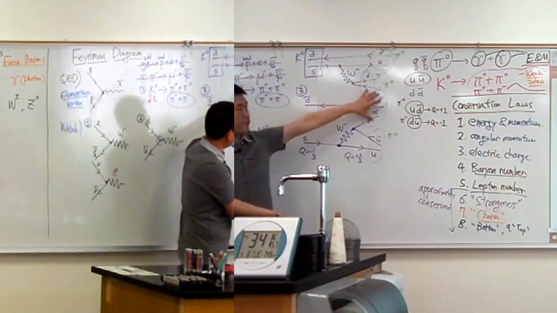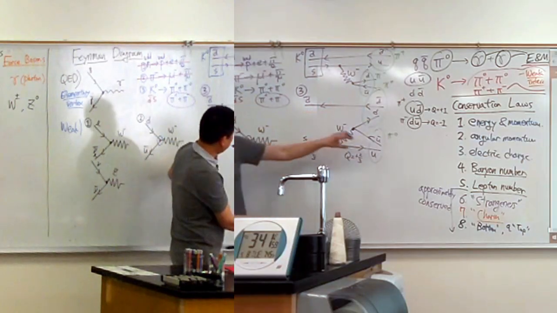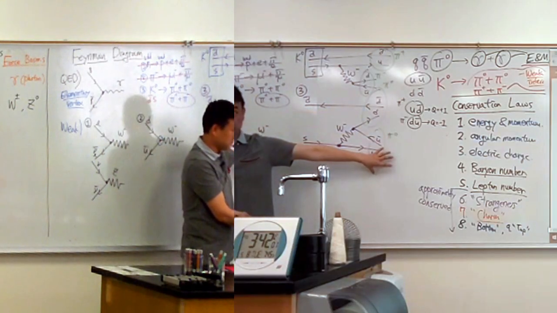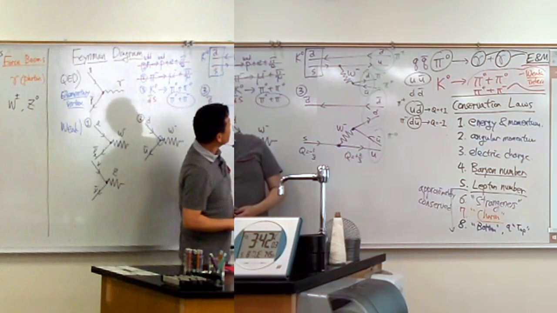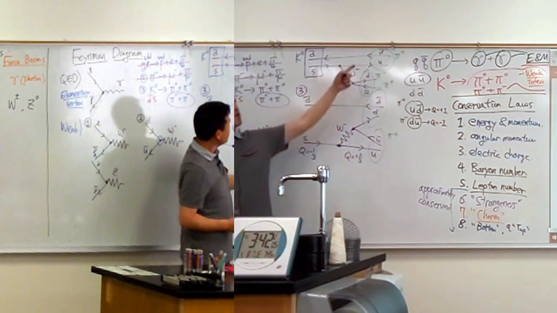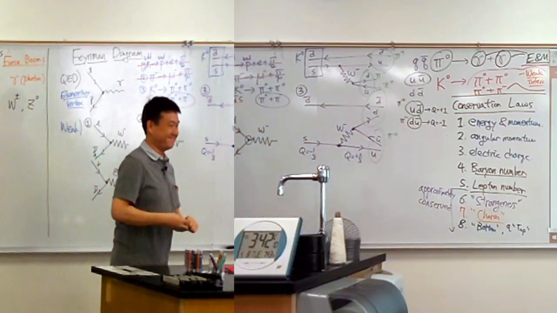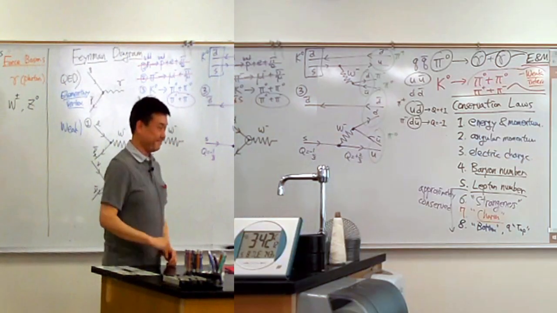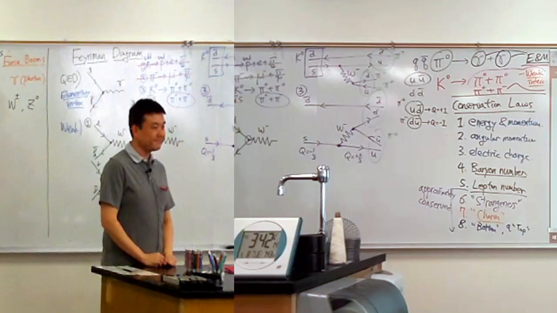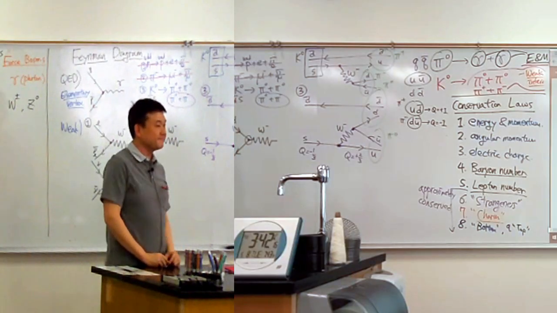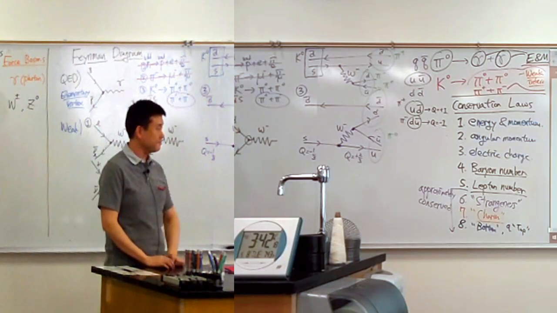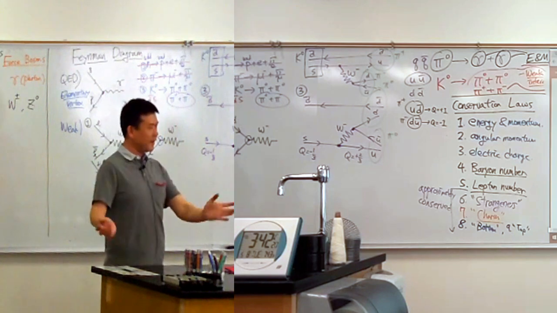One quark forms part of one meson, the other quark forms part of a different meson, right? Now, let me ask you this question. Which of these two do you think is more likely to happen? Should they be equally likely to happen?